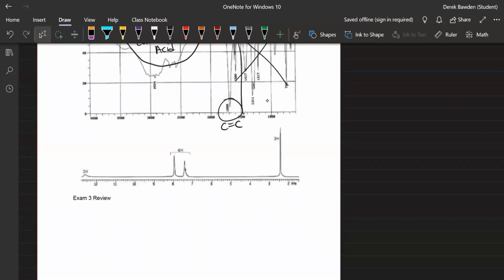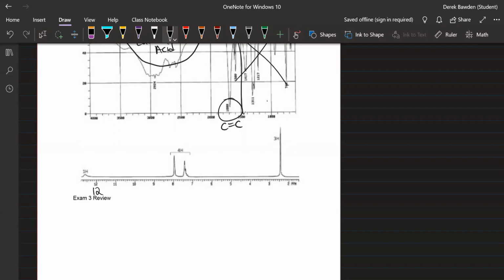Awesome. What does this one hydrogen that's above 12 tell us? Okay. I don't know if you can see that, but this number right here is 12. Does anybody remember what that proton is? There's only one type of proton that's that deshielded. Anybody remember?